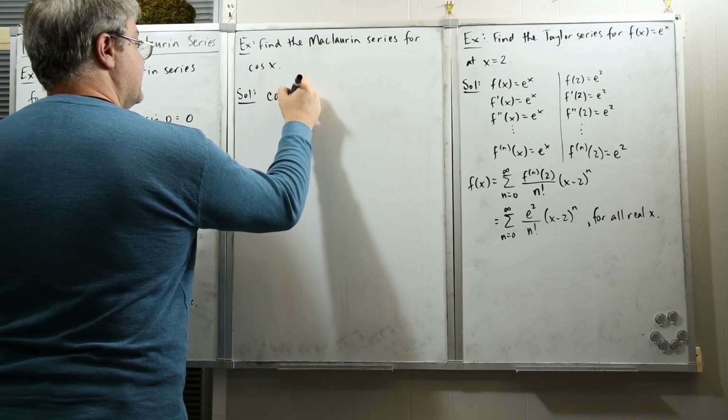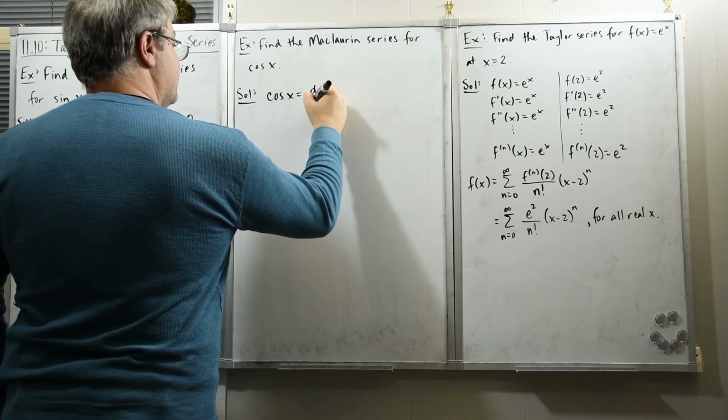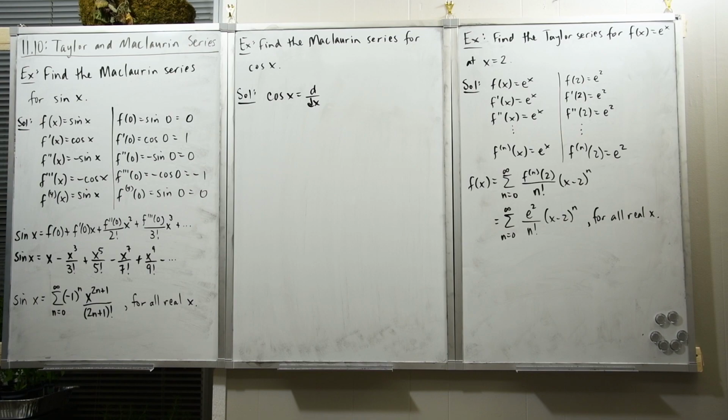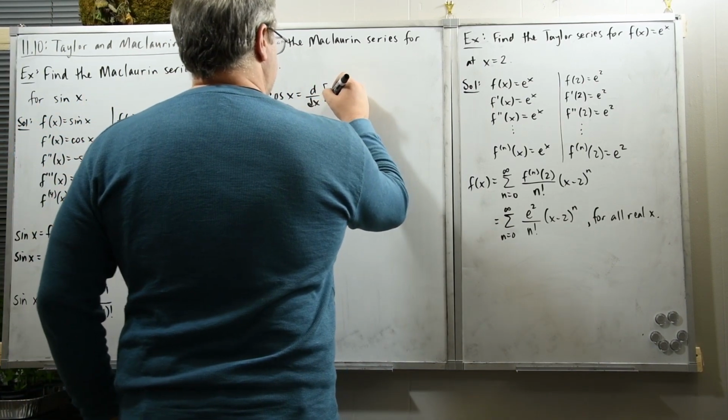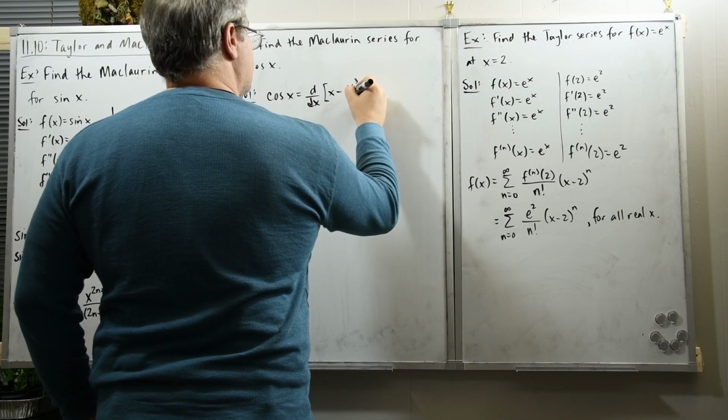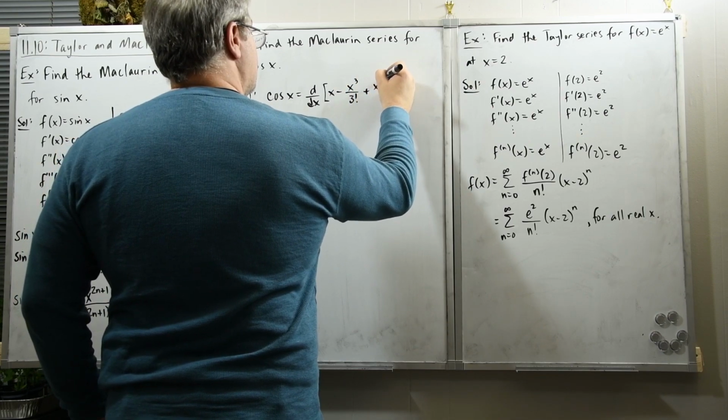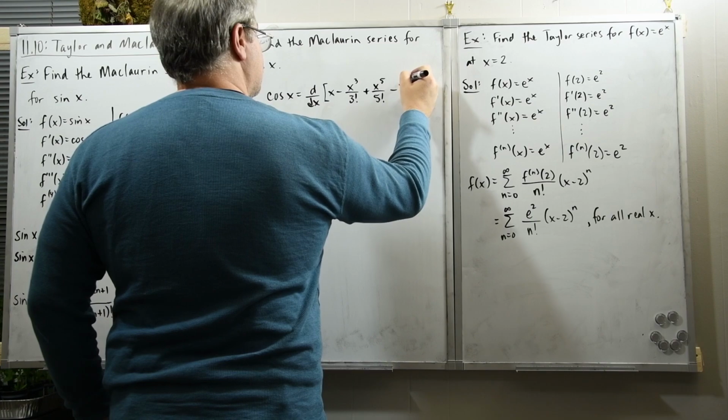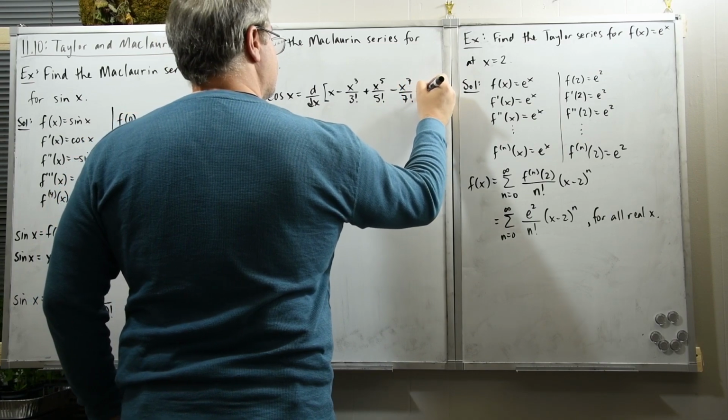And so cosine of x is going to be the derivative with respect to x of sine x. But we know that sine x has a Maclaurin series representation like this. So you're going to have x minus x cubed over 3 factorial plus x to the fifth over 5 factorial minus x to the seventh over 7 factorial, and so forth.